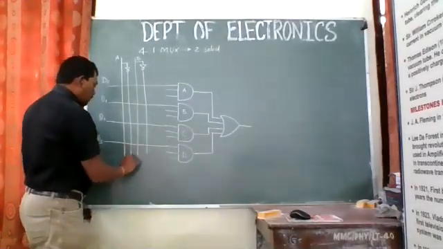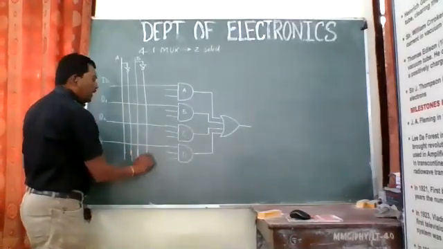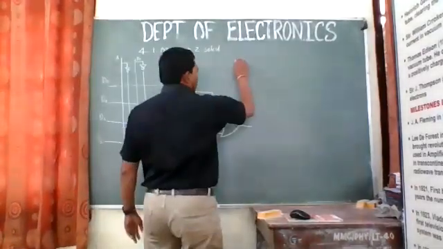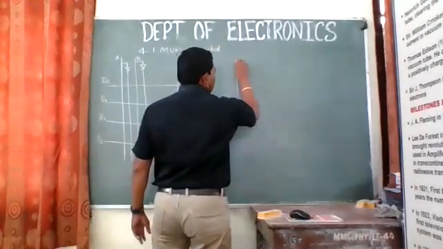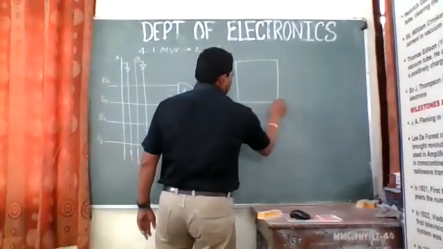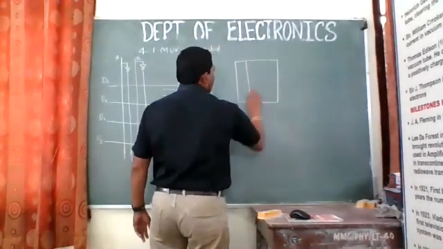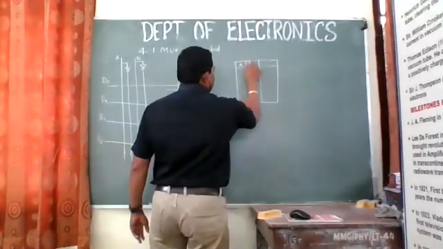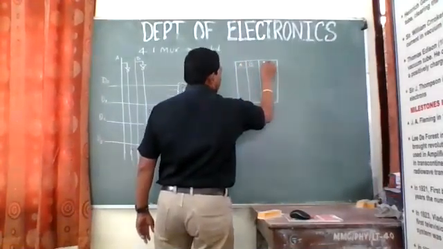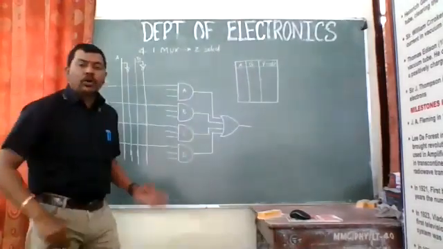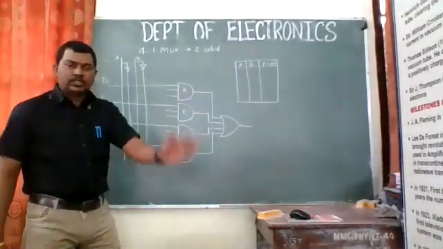Now, to select one of the inputs, we'll have a truth table. We'll try to make that truth table like this. Yesterday I have shown you all those things. It is the simplest truth table that we use for the basic logic gates.